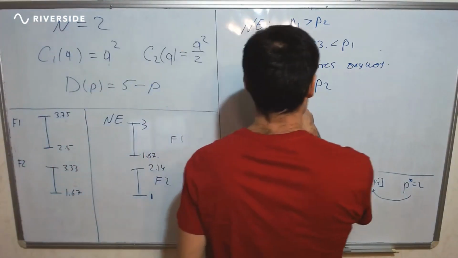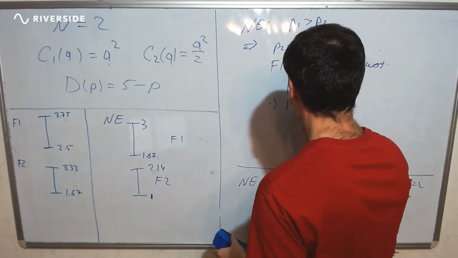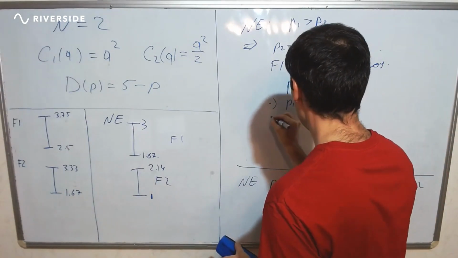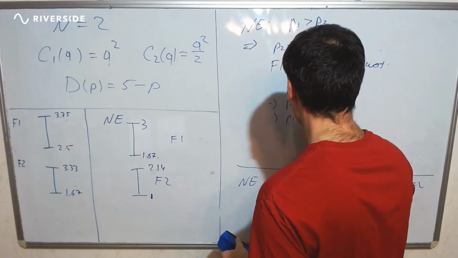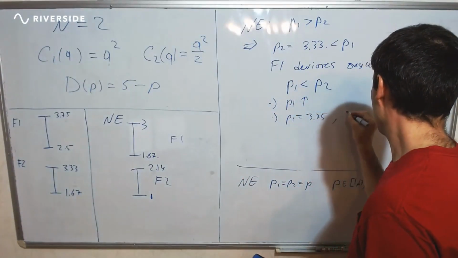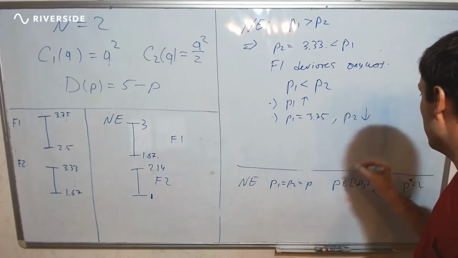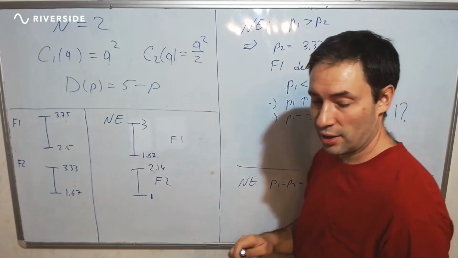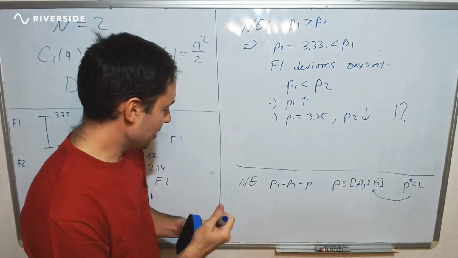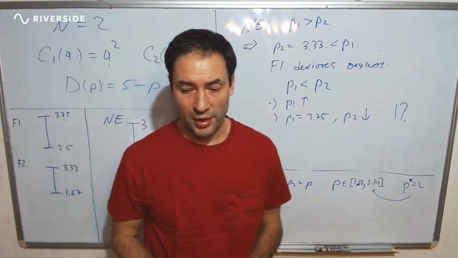So again, similarly, if P1 sits below, then either P1 can increase price, so P1 has to go up, or P1 is already at monopoly price at 3.75, but then P2 will go down and deviate, or no such equilibrium here. So the set of Nash equilibria, symmetric ones that we found, is the only Nash equilibria of this model.